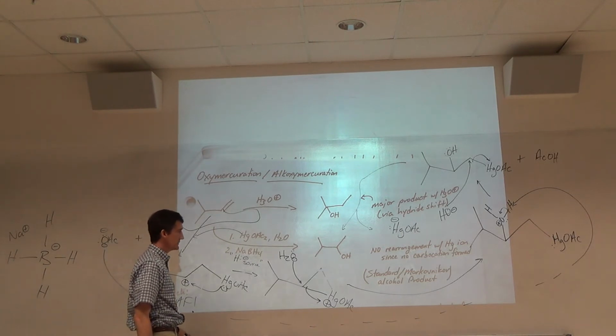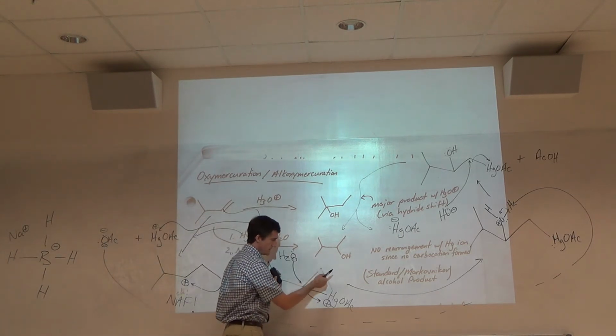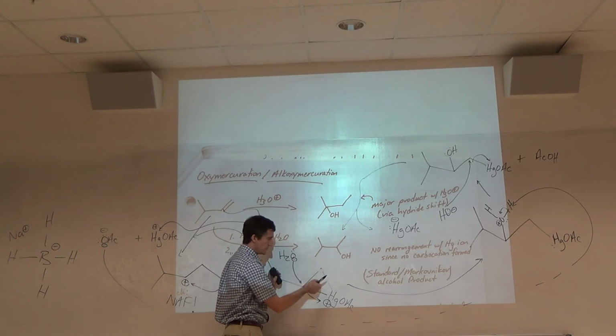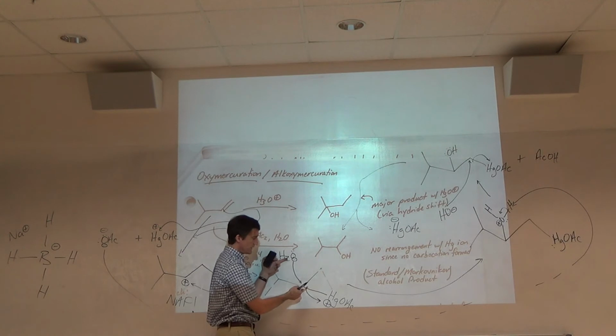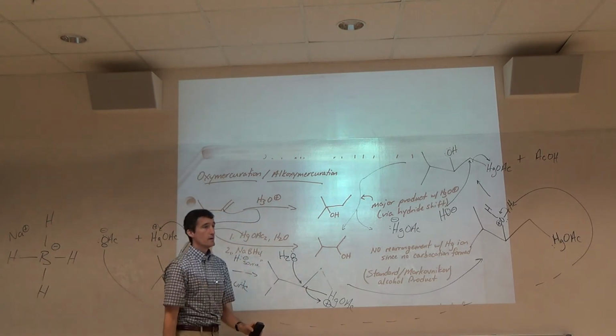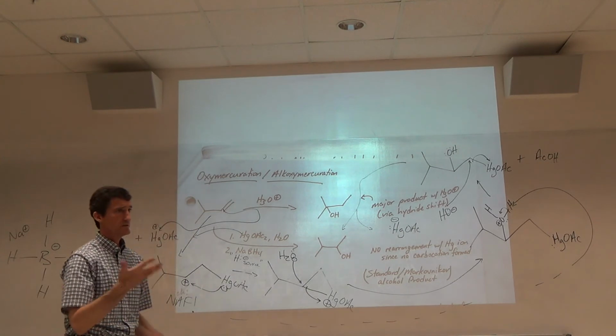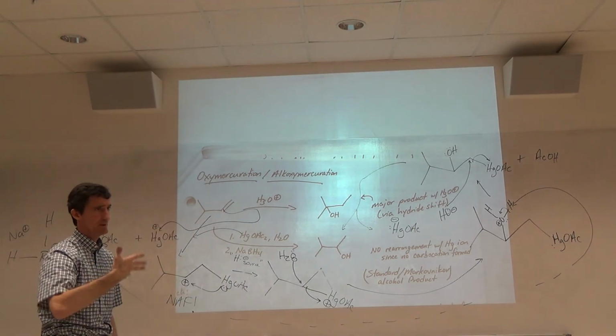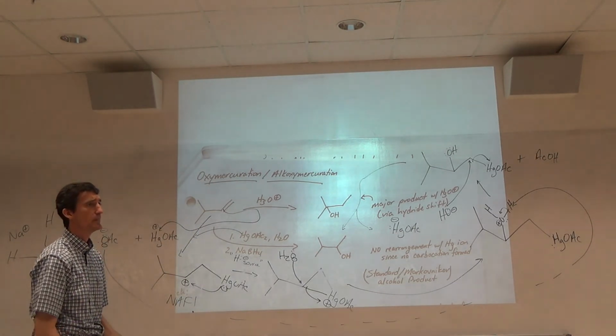There could be stereochemistry because if we showed these bonds, would we show both bold or one bold, one dash? Both bold, and if that's bold, how does the water attack? Okay? But in terms of your question, I could draw it out. It doesn't matter.